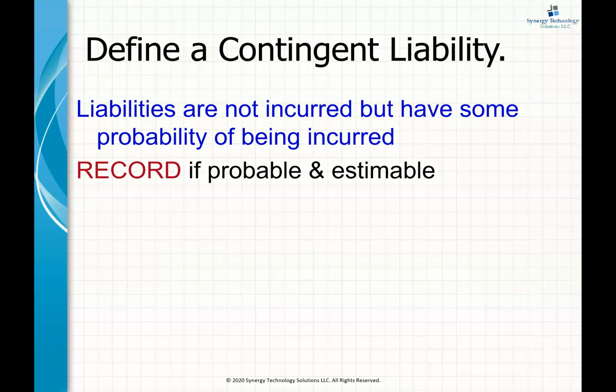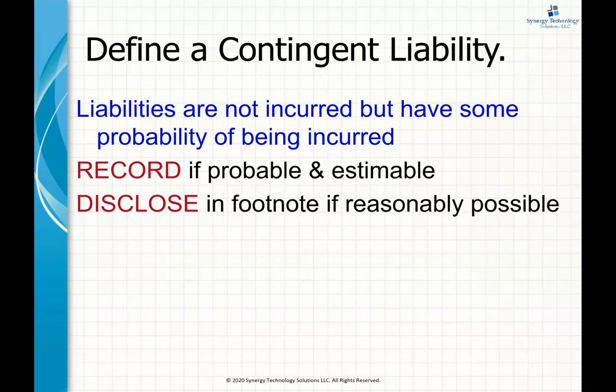This is very, very important for pharmaceutical companies, because they always have pending lawsuits about their products, and based on the nature of the cases, the lawyer will be able to say, okay, this type of case, the potential for the winning is high. If that type of report comes in, then you have to record the liability.